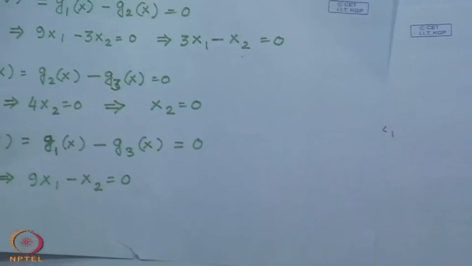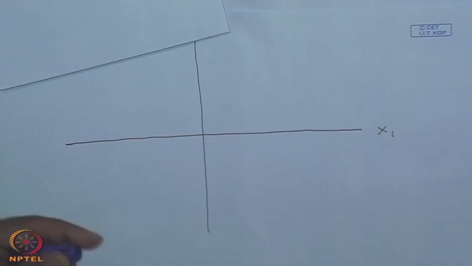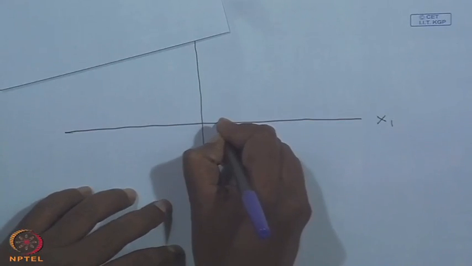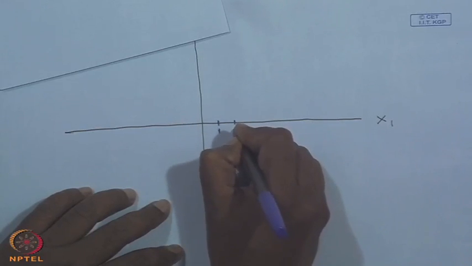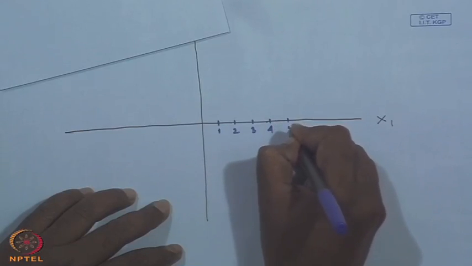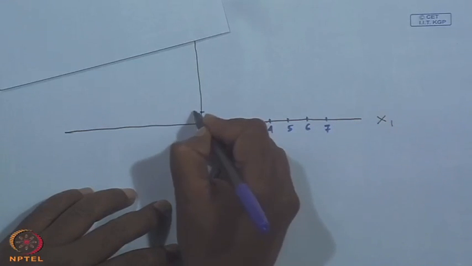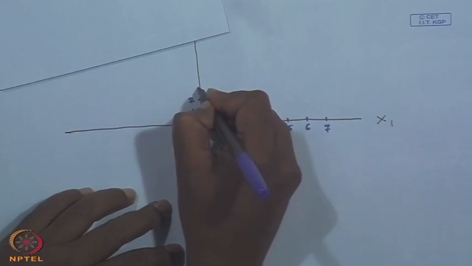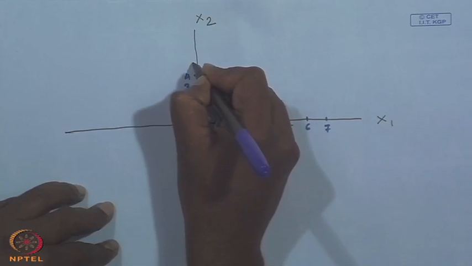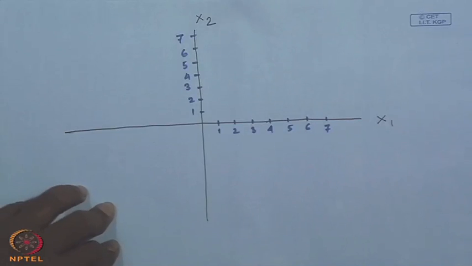If I plot it, suppose here I have 1, 2, 3, 4, 5, 6, 7 and similarly 1, 2, 3, 4, 5, 6, 7 and so on.